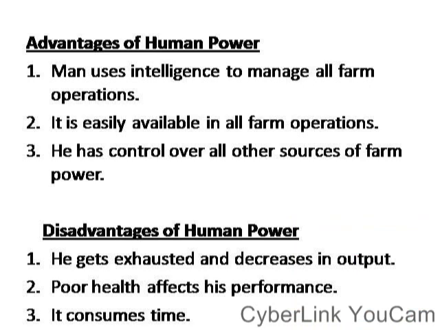Disadvantages of human power. One, it gets exhausted and decreases in output. So man can easily get tired, and once man gets tired, he will not be able to carry out farm operations very well. Therefore, the output will decrease. Number two, poor health affects his performance.